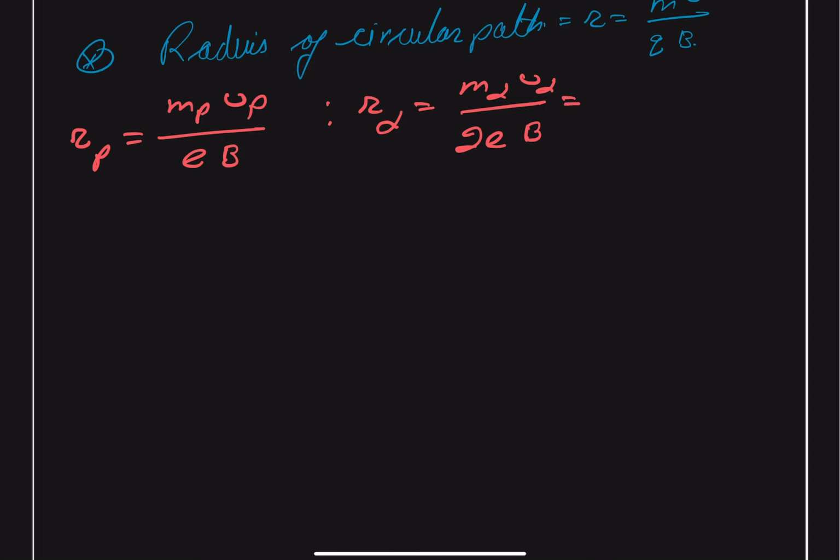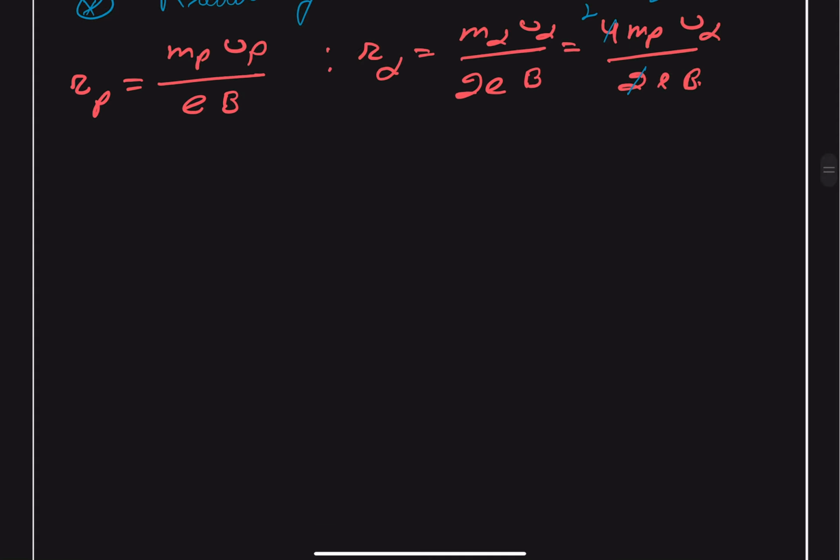And the mass of alpha relationship we know is 4 times mass of proton, and we write velocity of alpha divided by 2eB. 2 goes with this 4 and we get the radius of alpha particle equal to twice mp v alpha divided by eB.